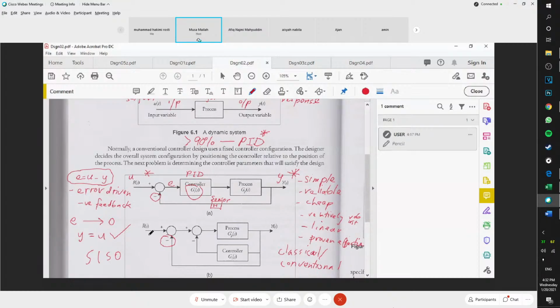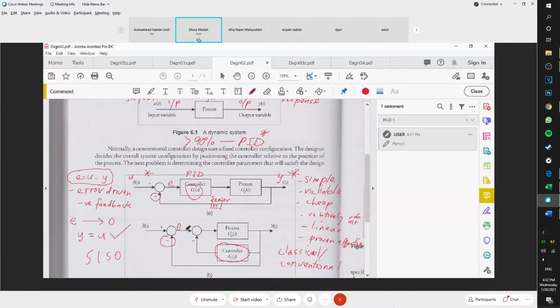B is also another controller configuration, but this time it is feedback. Can you see? The controller is no more situated at the beginning of your block after your error, but instead it is being brought to the feedback signal. See, this is being fed back. So your error is still here.